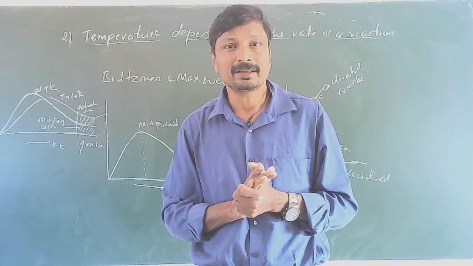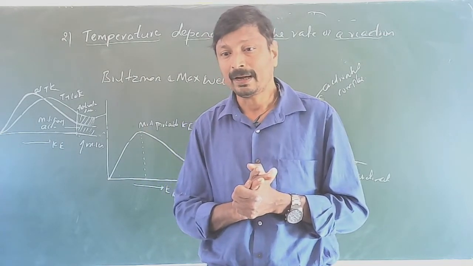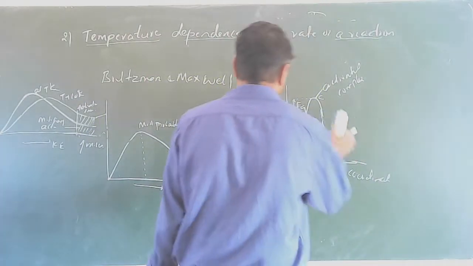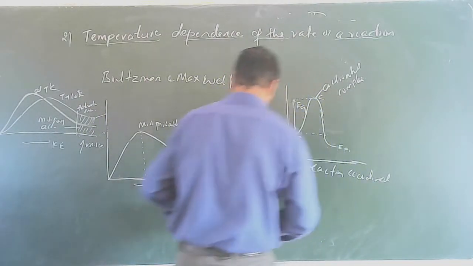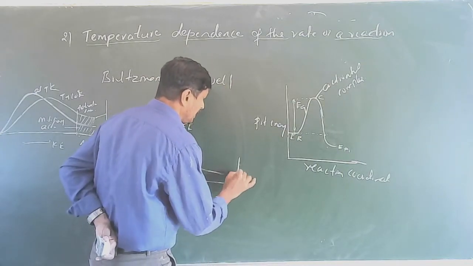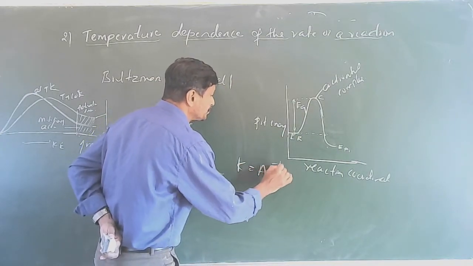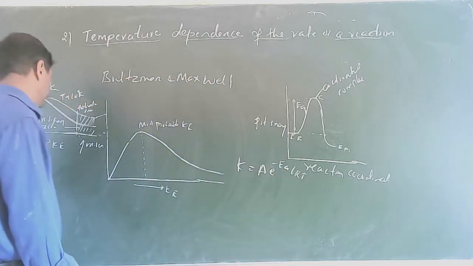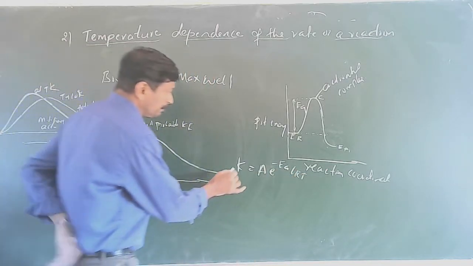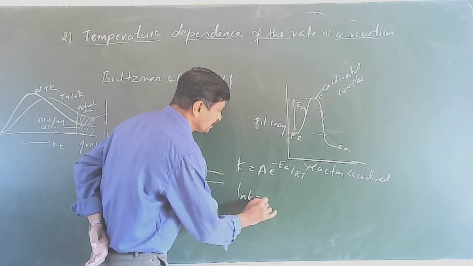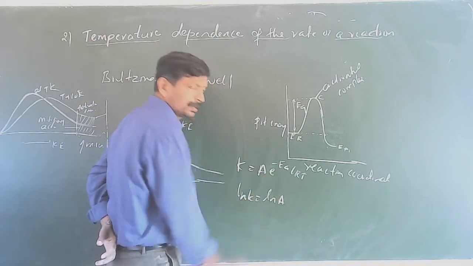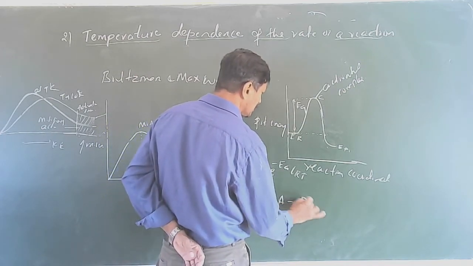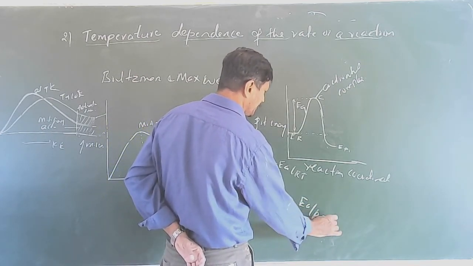So this is the Arrhenius explanation. Now look at the equation, the Arrhenius equation: k equals A e raised to minus Ea by RT. Taking the logarithm, ln k equals ln A plus ln e, and ln e is equal to 1, therefore minus Ea by RT.